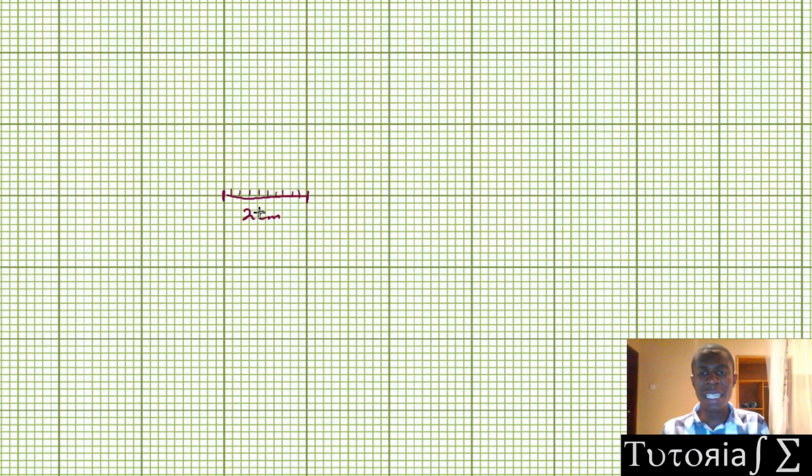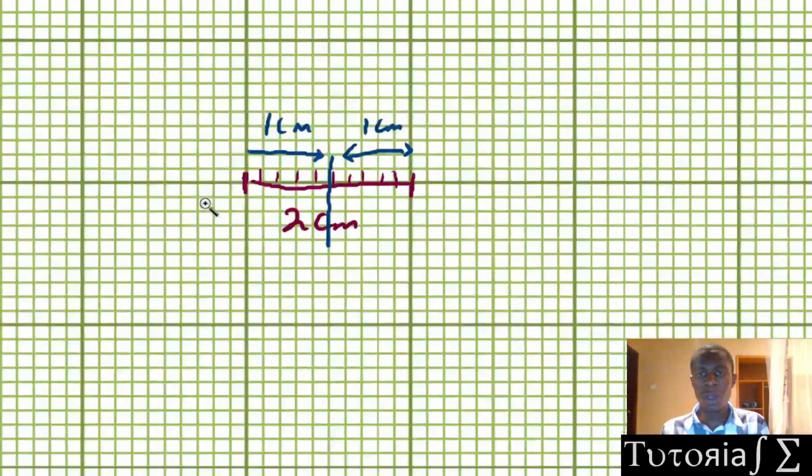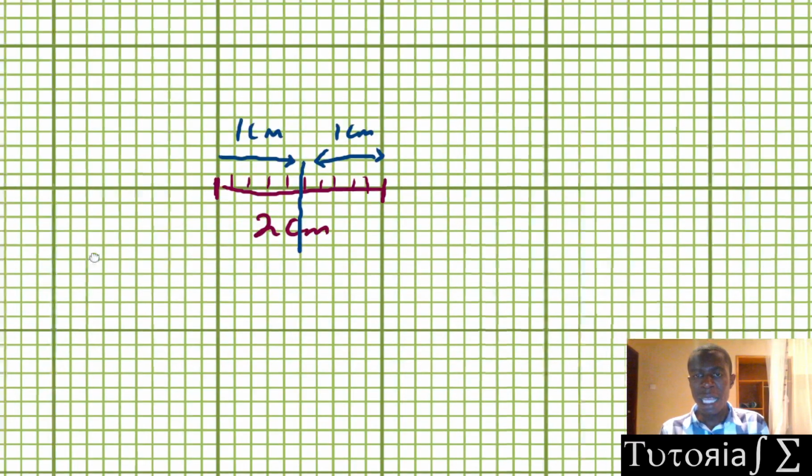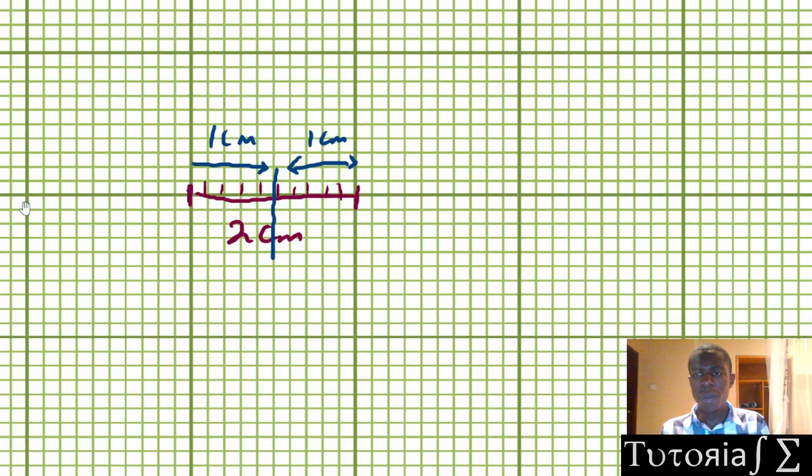And if we divide it into half, that is 1, 2, 3, 4, 5. Halfway here, from this point to that point, that is 1 centimeter, and from that point to that point, that will also be 1 centimeter, so that it makes up the 2 centimeters. Let me just zoom in so that you can see properly. Yeah, so that's basically it.